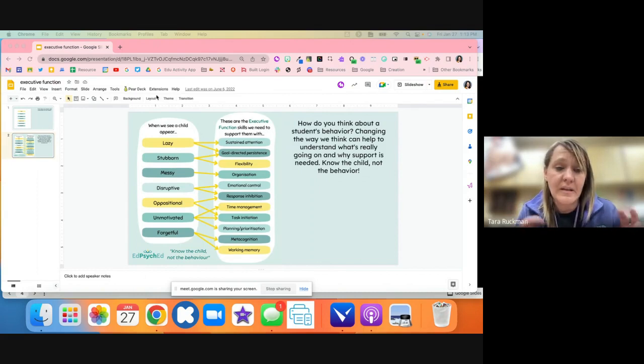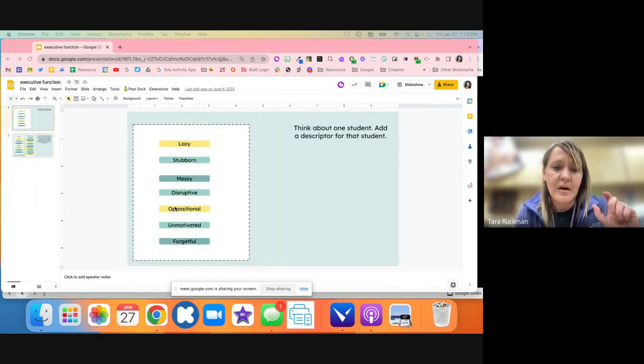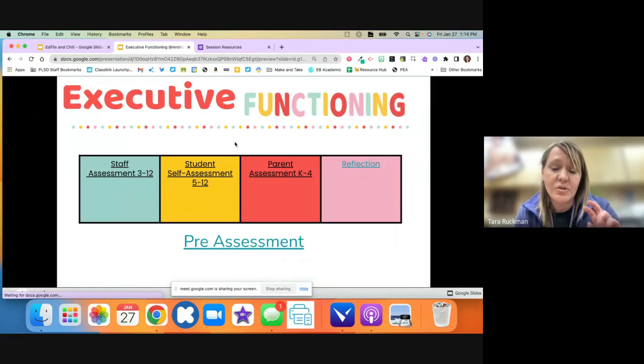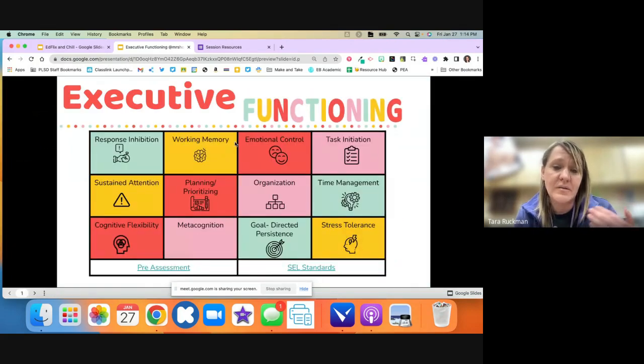So we start with that descriptor, but then take that mindset and change it to: this is not how we always want to see this student. We don't want this adjective to follow that student. So let's flip it around and make these the skills we work on with that student to support them in the classroom daily.